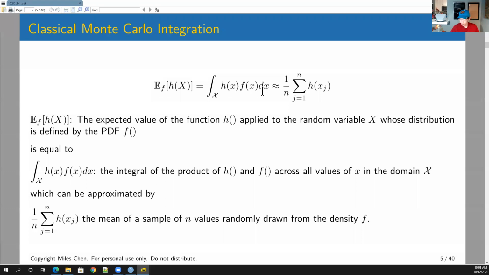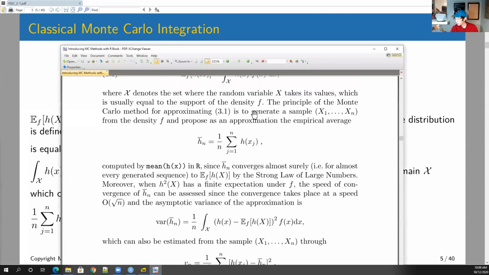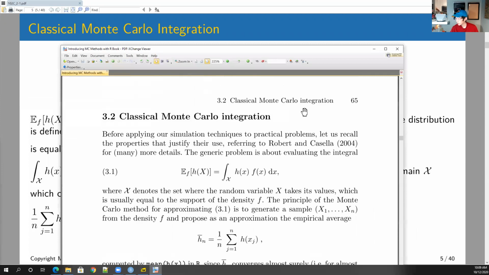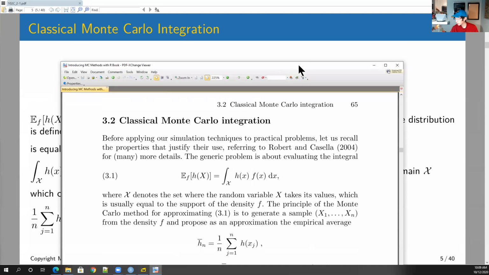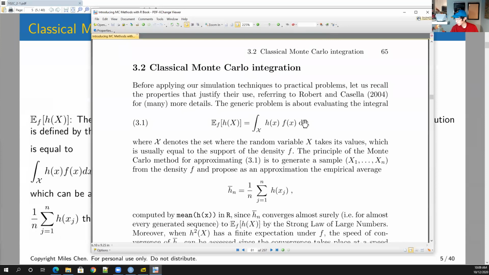Maybe I should pull up the actual PDF. Okay, so here it is in the textbook. So just to match this, this is what we've got.